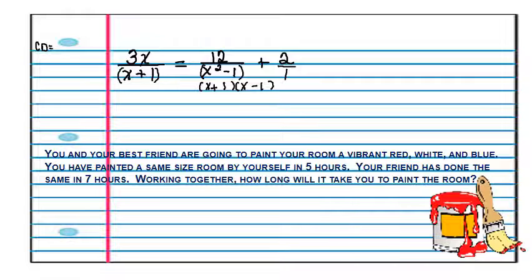Okay, so our common denominator is we have a 1. And we really don't have to mess with them all that much, but just so we can see it, we have an x plus 1, and we have an x minus 1, one of each. So that's our common denominator.